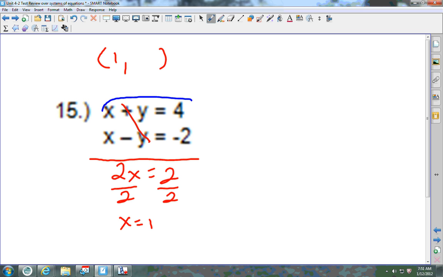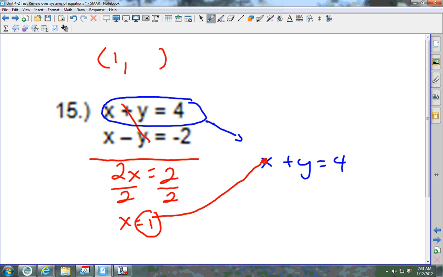I'm going to take my top equation. Why did I choose my top one? Because it was all positives. But you can choose either one. It says x is 1, so I'm going to substitute. I'm going to put 1 right in there. 1 plus y equals 4. I'm going to subtract 1 from each side. Y equals 3.